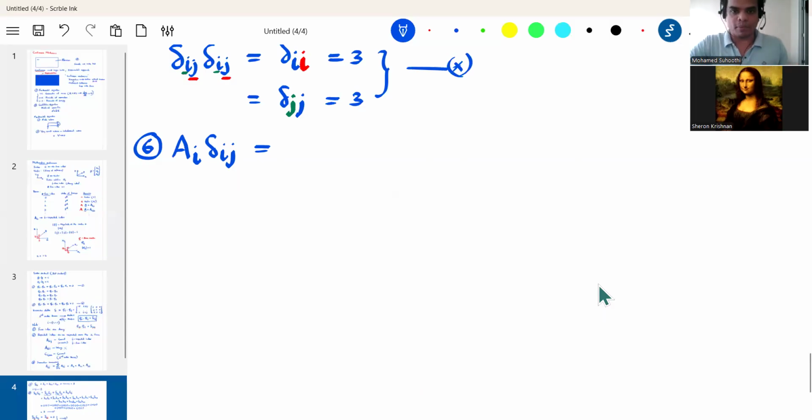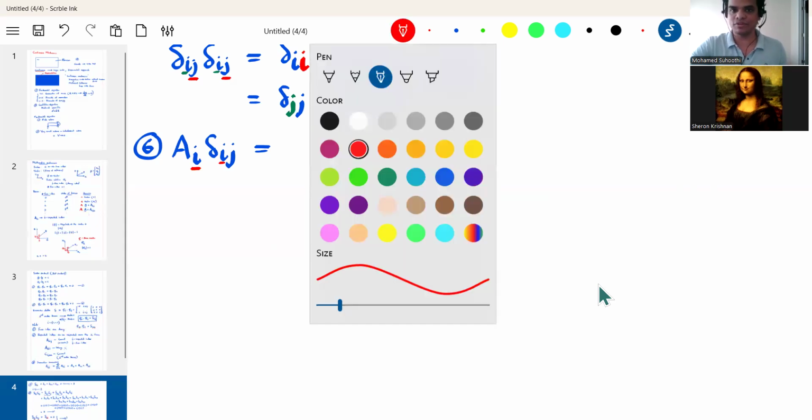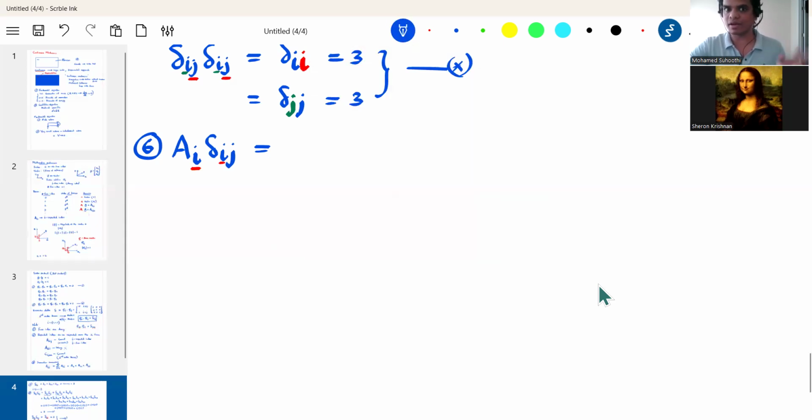So now I am going to apply the properties we have discussed here. I is repeated here. So these are the properties of Kronecker delta. Write A. Now this i is there. What does the Kronecker delta property say?